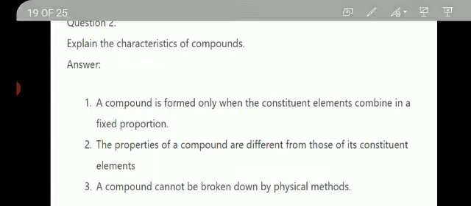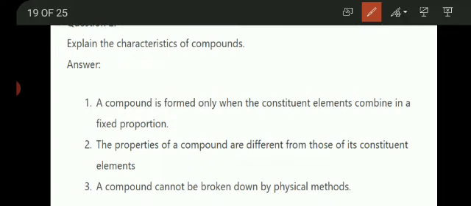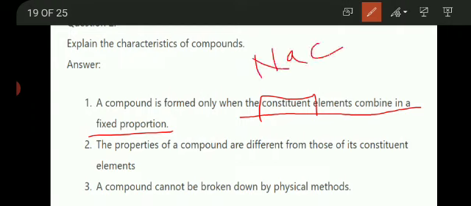You see, the first one: a compound is formed only when the constituent elements combine in a fixed proportion. The constituent means what? If I take NaCl, what is the constituent, students? Na and Cl. Na is one constituent and Cl is another.